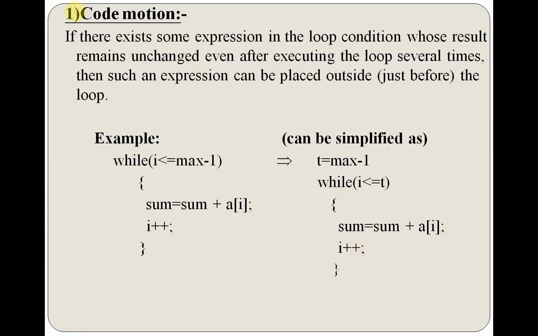First one, code motion. That means we are moving code outside the loop, which has no importance in the iterational execution. That means if there exists some expression in the loop condition whose result remains unchanged even after executing the loop several times, then such an expression can be placed outside the loop.